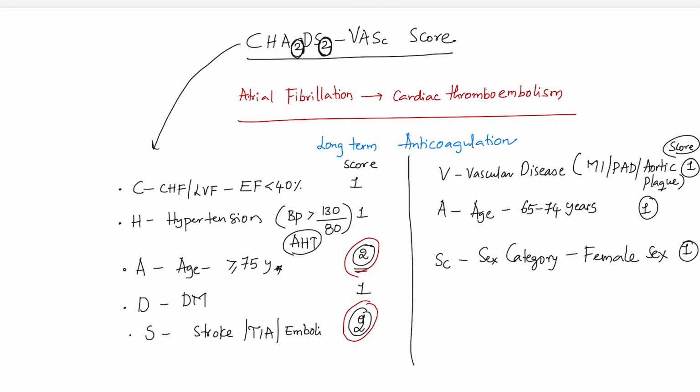Okay, and based on the score, let's look at the score and also the expected risk of stroke.